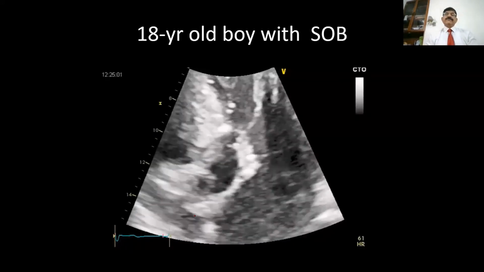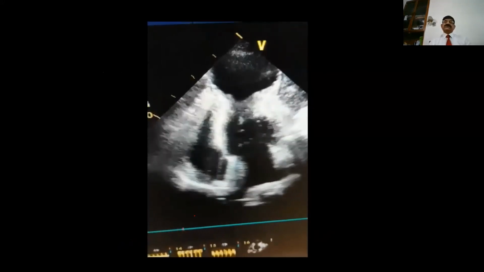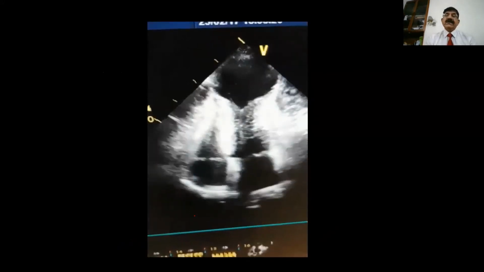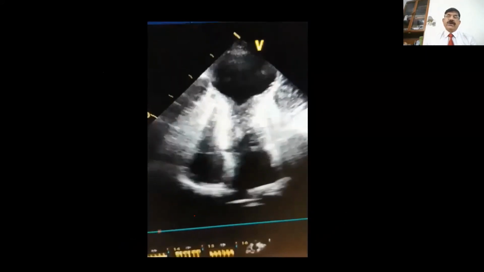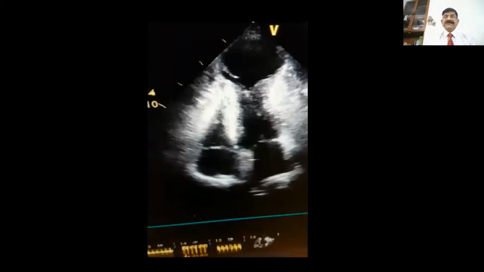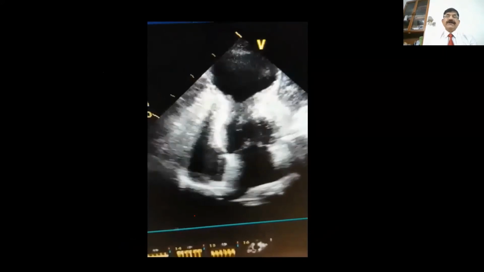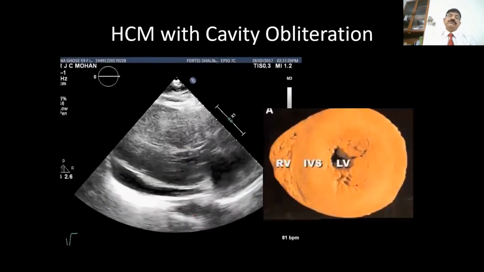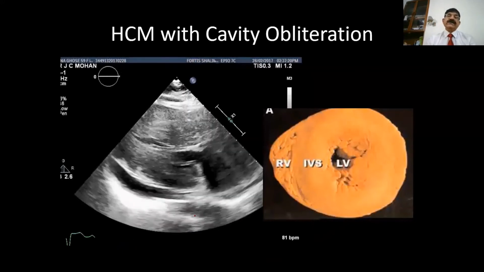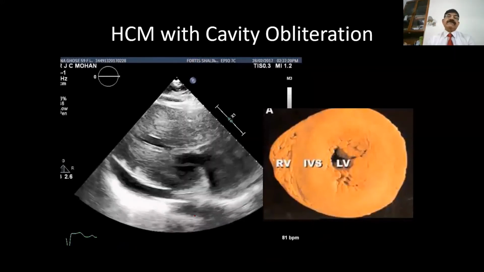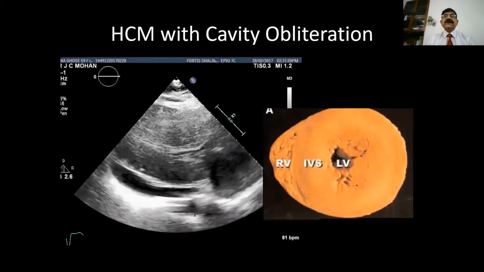The mid-cavity obstruction, this is the most classic I have ever seen. Huge big aneurysm at the apex and mid-cavity which is almost obliterated. Such things are not that common, but I would show you some more examples of mid-cavity obstruction. The third variety of Wigle is the obliterated cavity variety, and this is a lady from West Bengal.